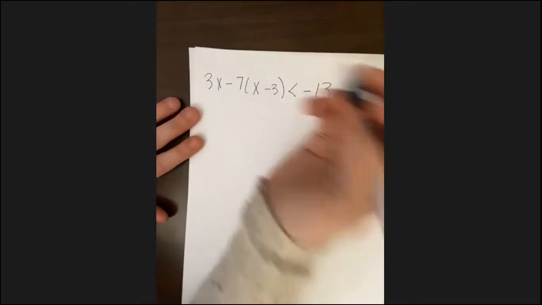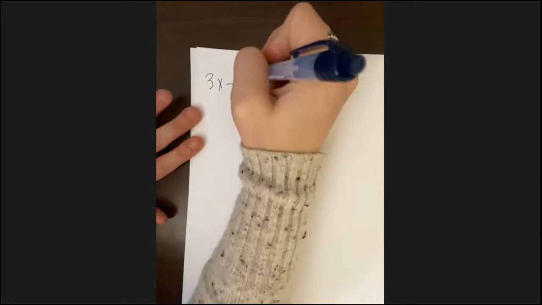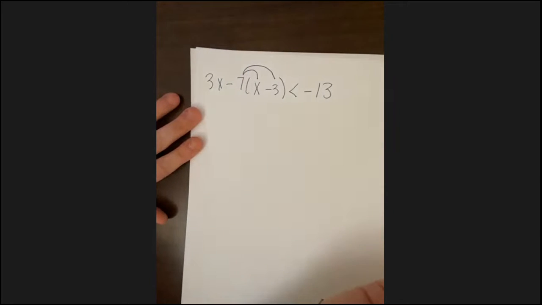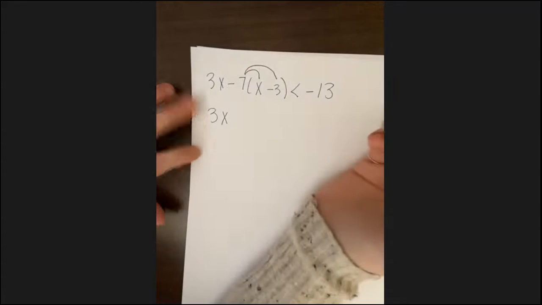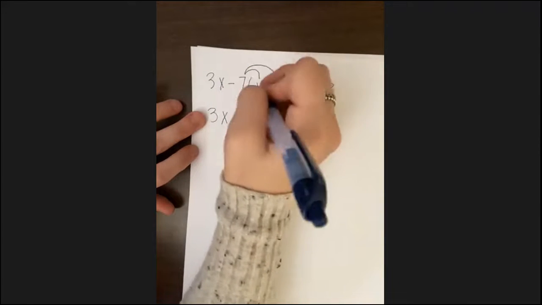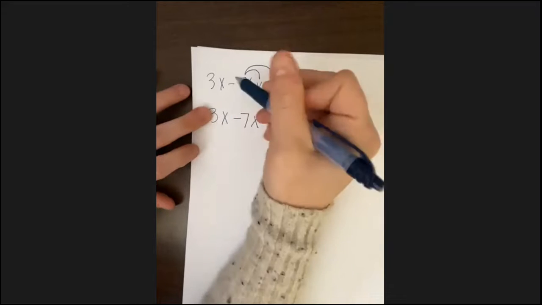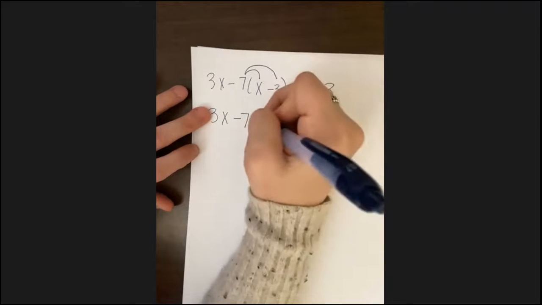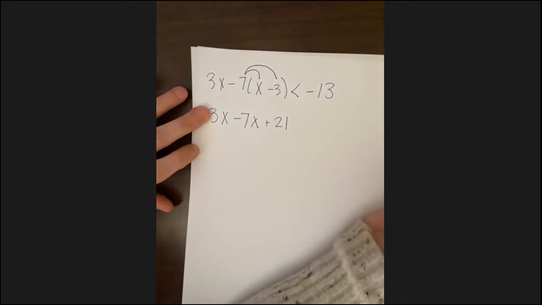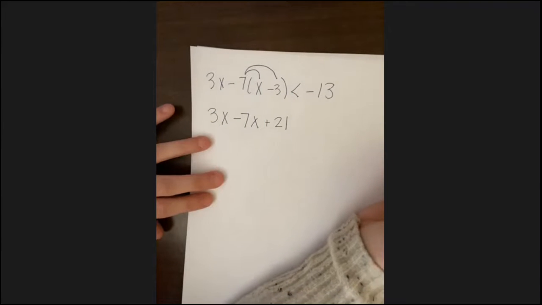Parentheses, someone said. So yes, we need to distribute that 7 to everything inside the parentheses. That would be 3x, just bring it down, minus 7x, and then negative 7 times negative 3 is a positive 21, right?